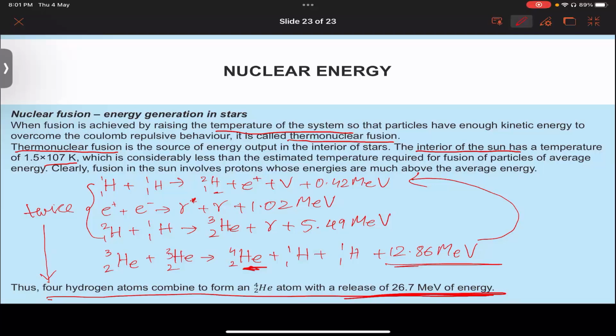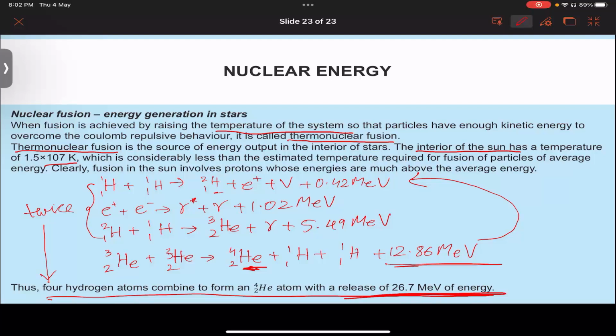So when the fusion keeps happening and the hydrogen is depleted and everything becomes helium, your star begins to collapse under its own gravity, and the temperature will increase, and then the helium will either undergo fission or turn into a different kind of element.